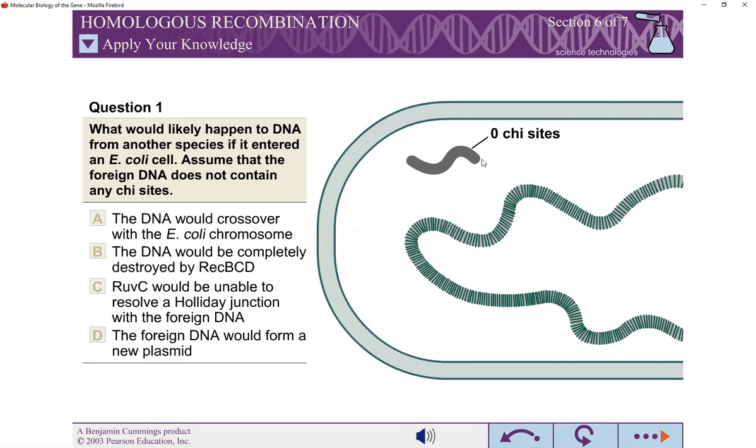See, the foreign DNA does not contain any chi site, so what will happen? The DNA would be completely destroyed by the RecBCD pathway. As there is no chi site, the RecBCD pathway will bind to it and completely destroy this foreign DNA molecule. Okay, correct.